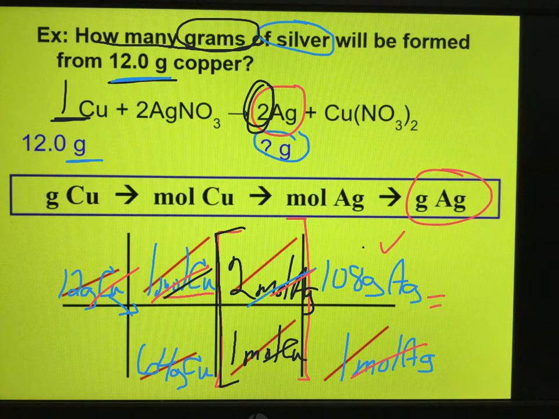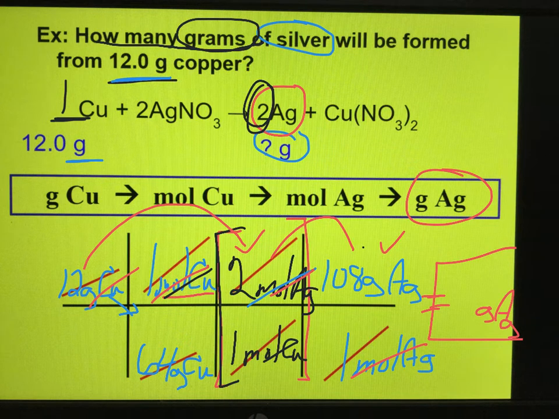Okay, so to get this answer in grams of silver, remember you have to multiply everything on the top and get an answer. So 12, let's get a calculator out, and 12 times 1 is 12, so 12 times 2 is 24. Then 24 times that 108 equals, I get 2,592.